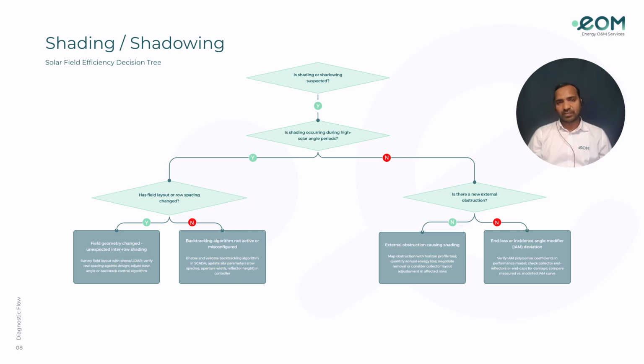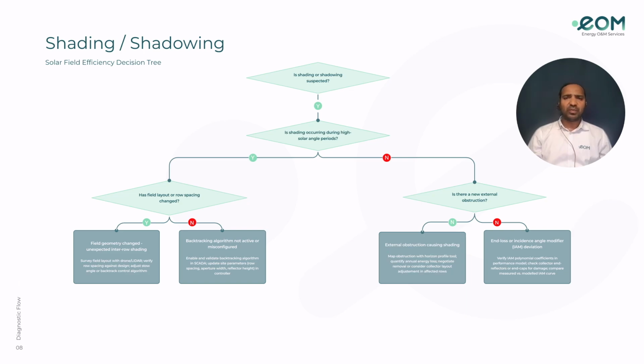Unexpected interrow shading may result from layout modifications, structural deviations, or incorrect stow behavior. So in these situations, drone surveys or LIDAR based geometry verification can help identify spacing or alignment deviations from the original design.